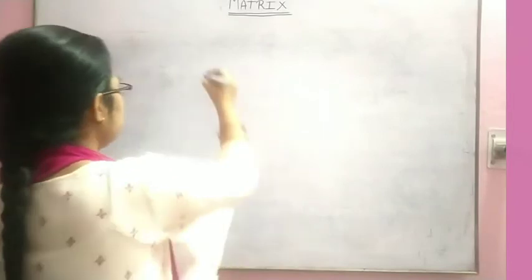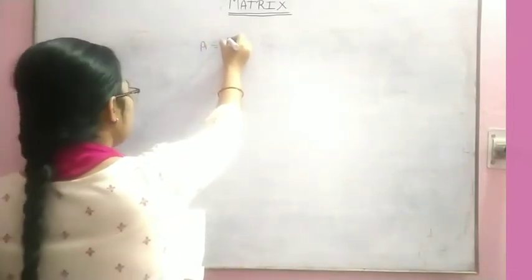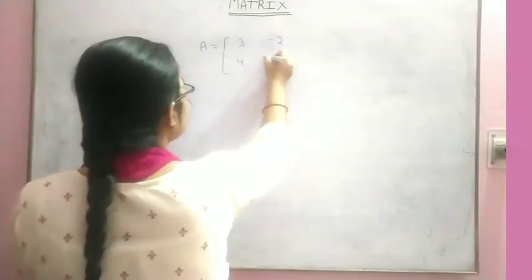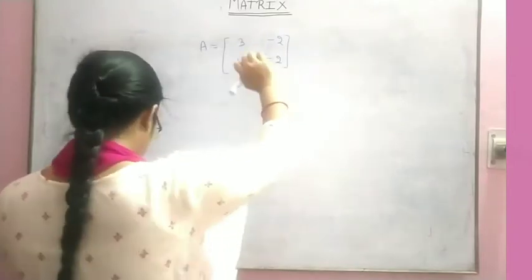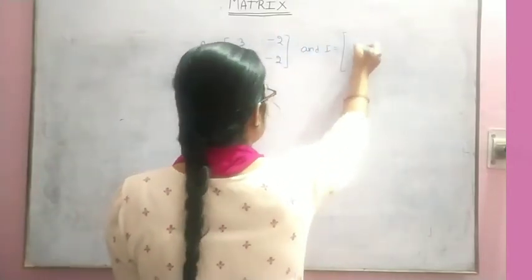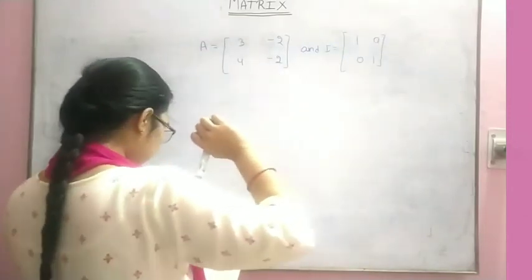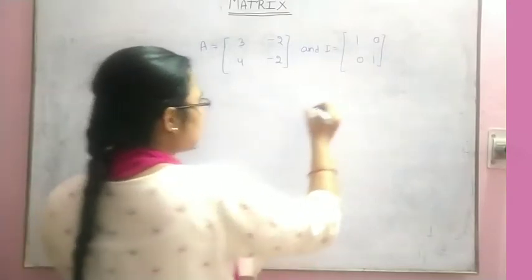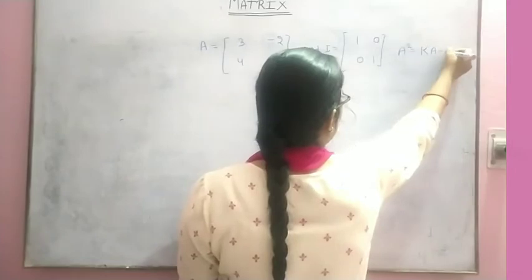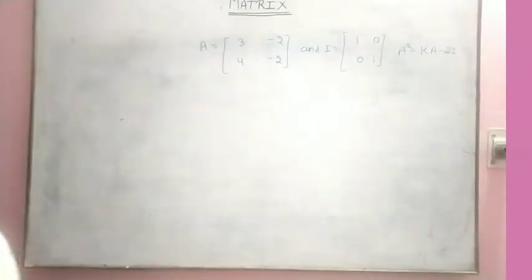If A is given to you, 3, 4, minus 2 and minus 2, and I is equal to 1, 0, 0, 1, then find the K so that A square equals to KA minus 2I. You have to find out the value of K.